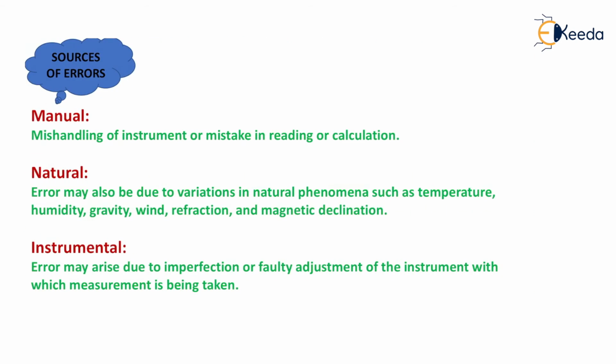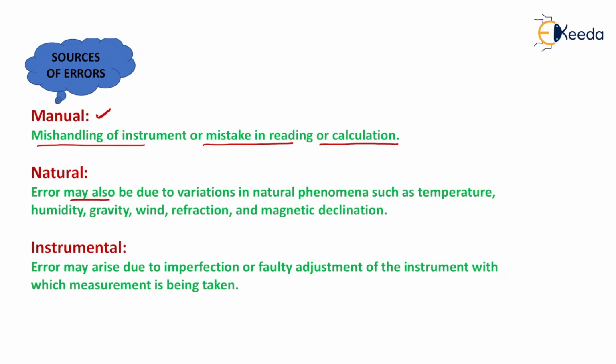Now the next one is sources of errors. Now the first one is manual source. Now the manual source is generally done by human beings. So it can be defined as mishandling of instruments or mistake in reading or calculation by the observer. Second one is natural source of error.